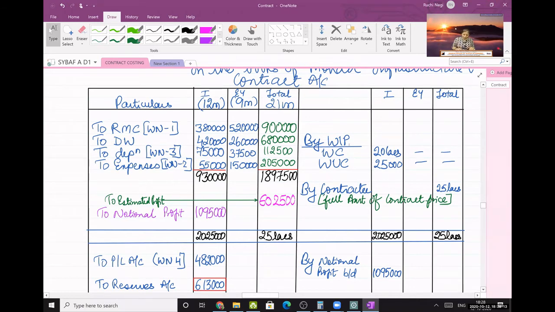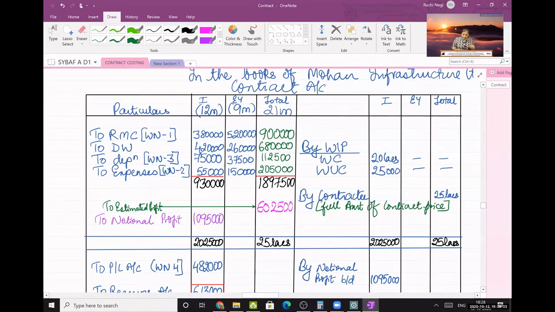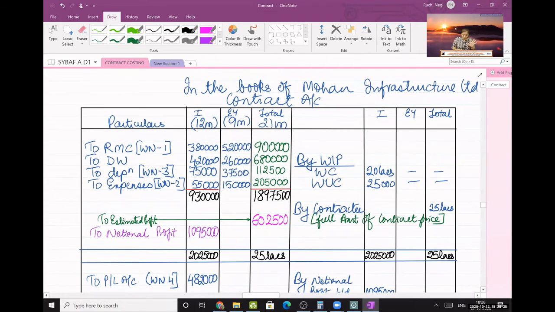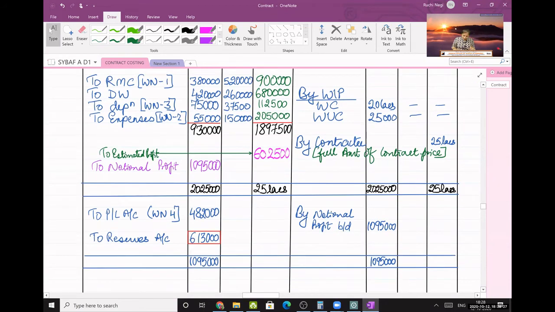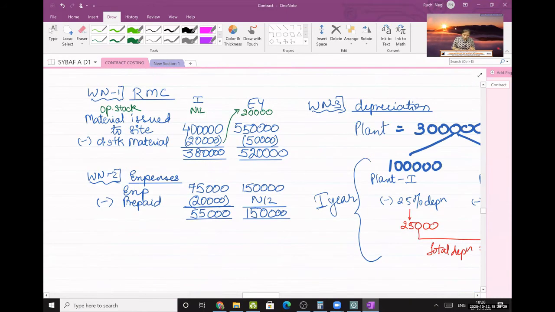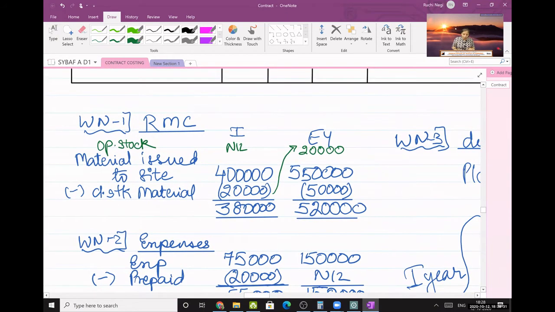Now one student had asked me a doubt last time. Listen to the doubt carefully. शायद ये आप लोग का भी डाउट हो सकता है, ध्यान से सुनो. एक तो ये क्लियर है सबको, ये ओपनिंग स्टॉक और क्लोजिंग स्टॉक RMC वाला.